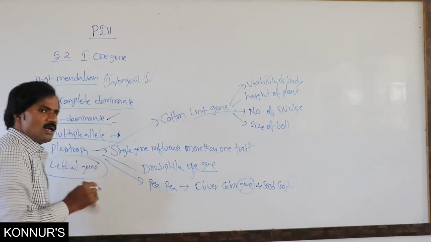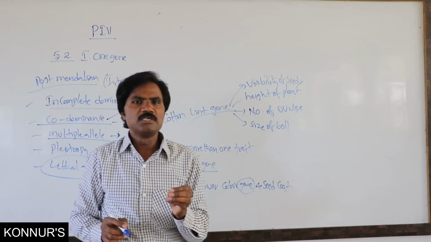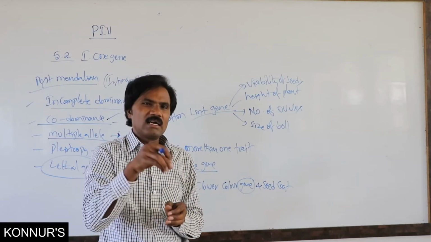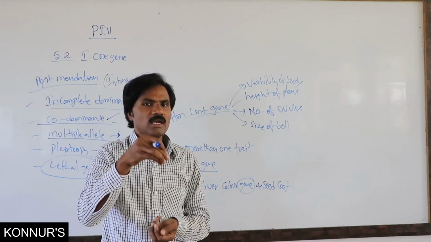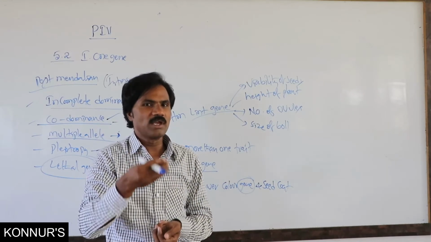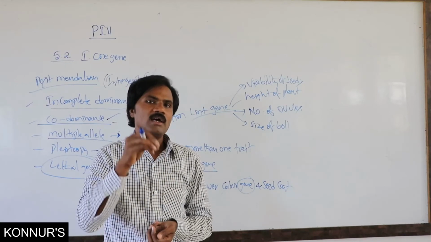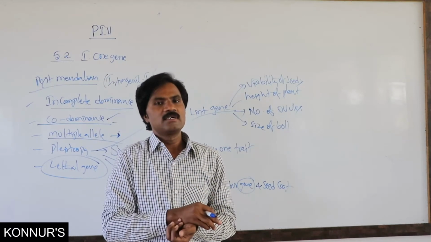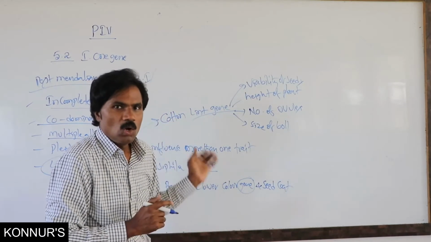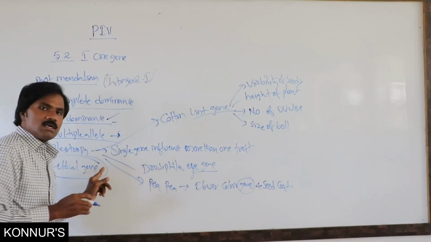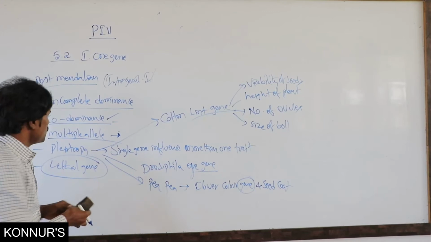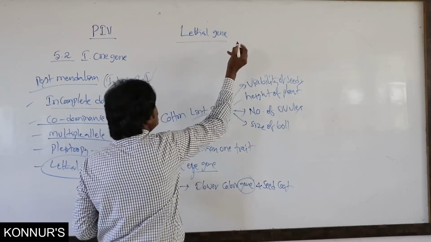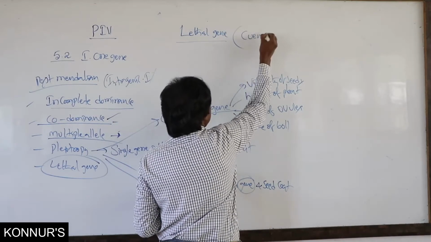Then lethal gene: a single gene, when it affects sufficiently and drastically, causes death. It is very harmful. This can be observed in lethal genes.